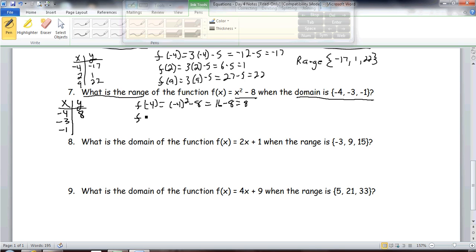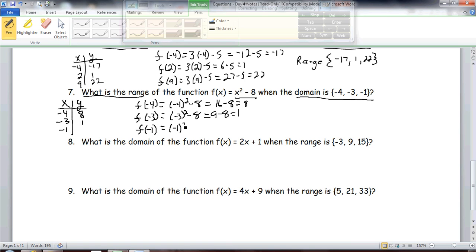And then the function of -3 is -3 squared minus 8, which is 9 minus 8, which is 1. And then I'm going to put in the function of -1.